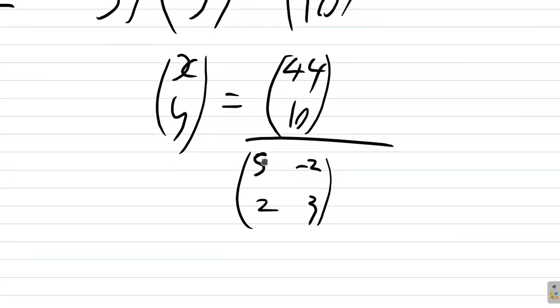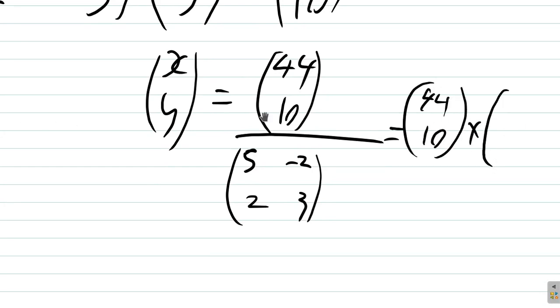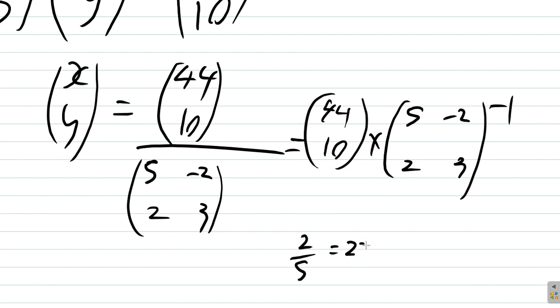Now, this would be equal to 44, 10 times the inverse of 5, negative 2, 2, 3. Just like how 2 divided by 5 means 2 times 5 inverse.